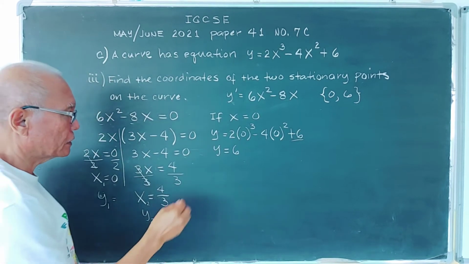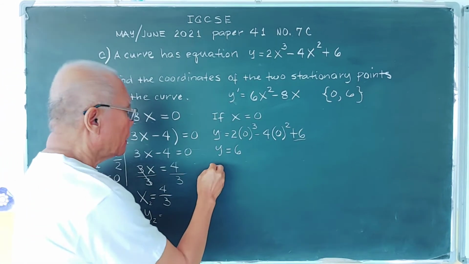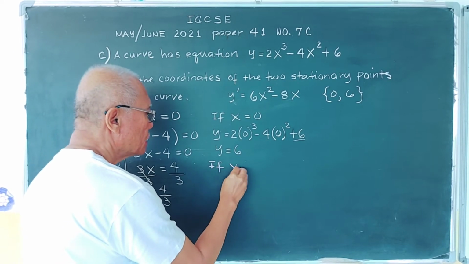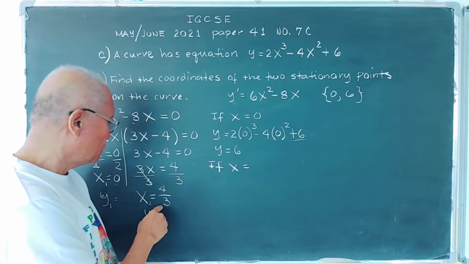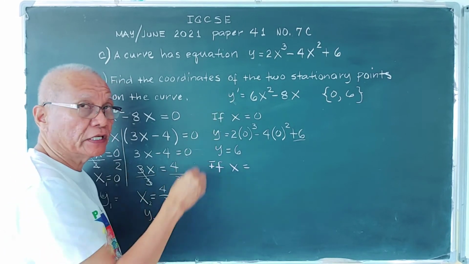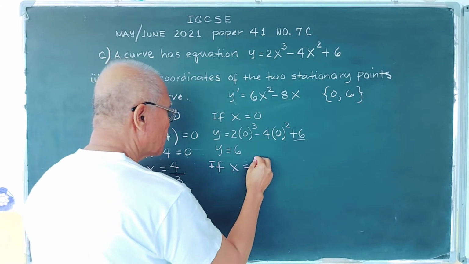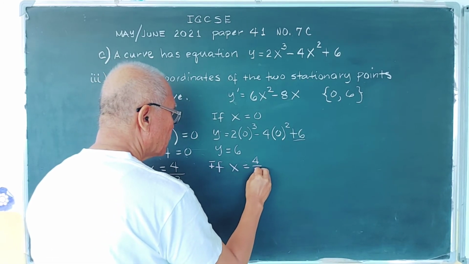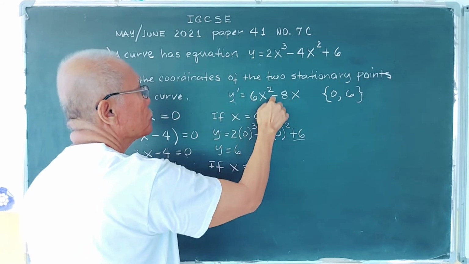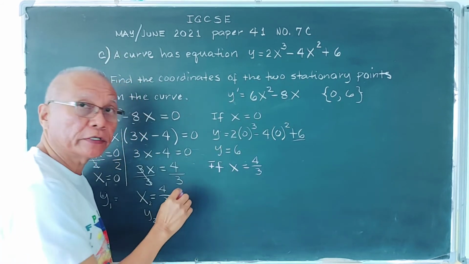What about the second? So for the second, if our x is now equal to 4 over 3, we will find the y by using the original equation. So we have 4 over 3. Okay, let's get the original equation, not this one, that one, for the y coordinate.